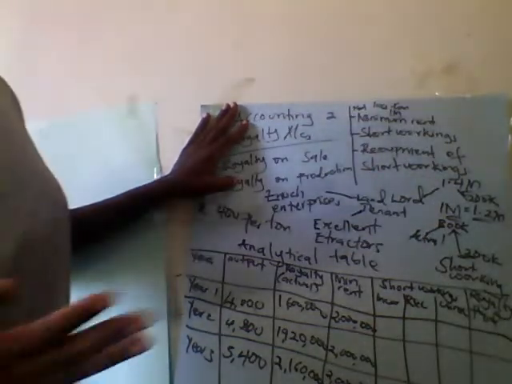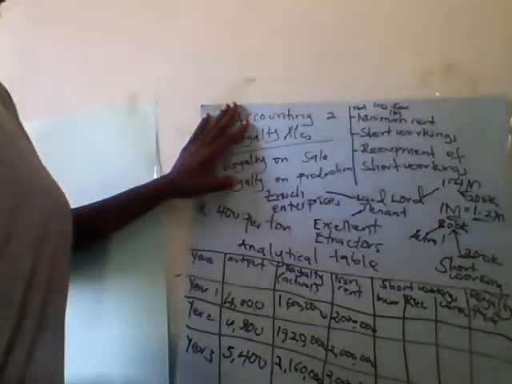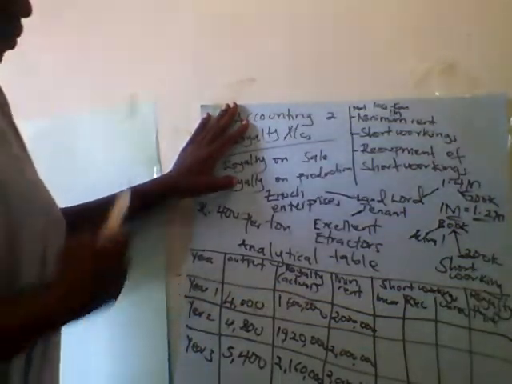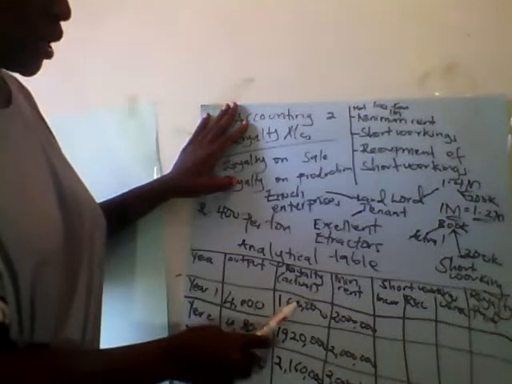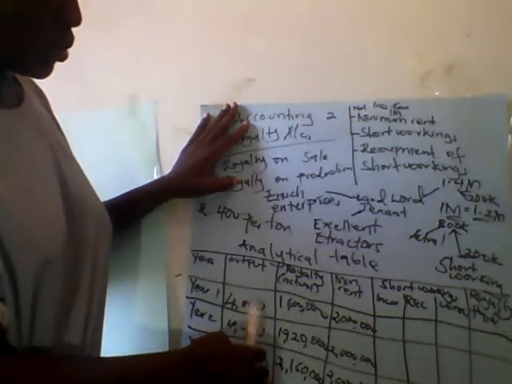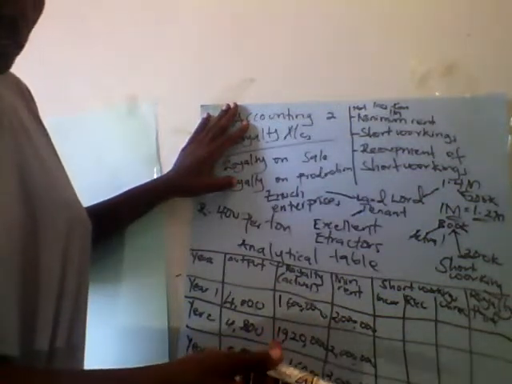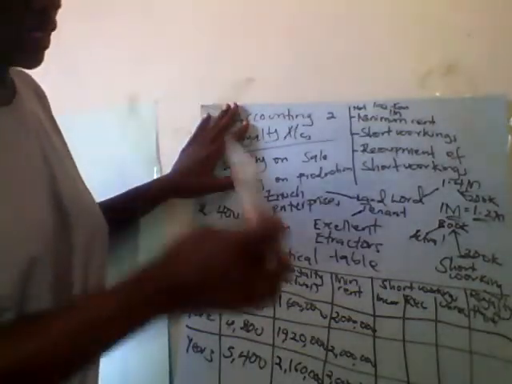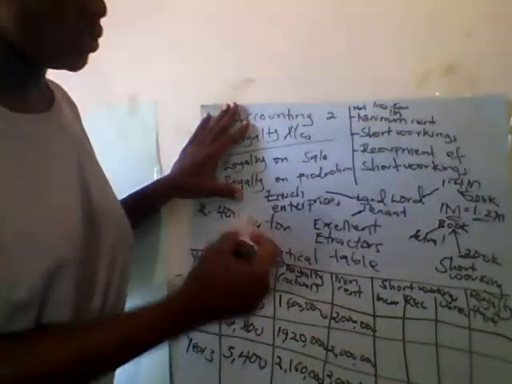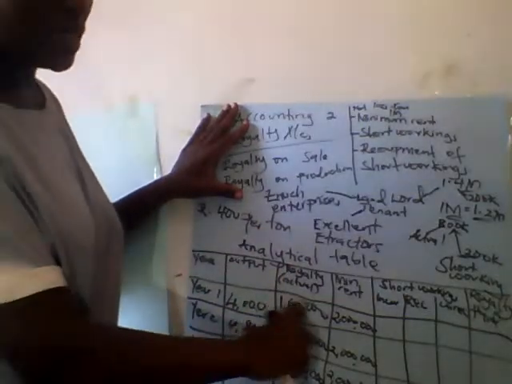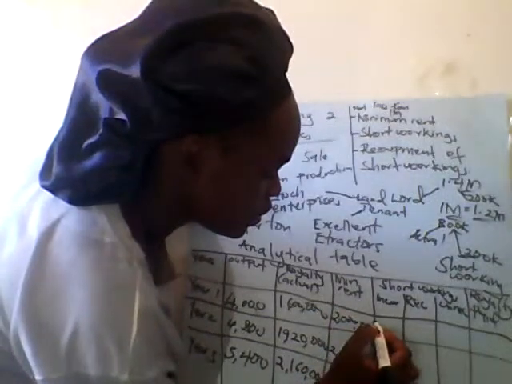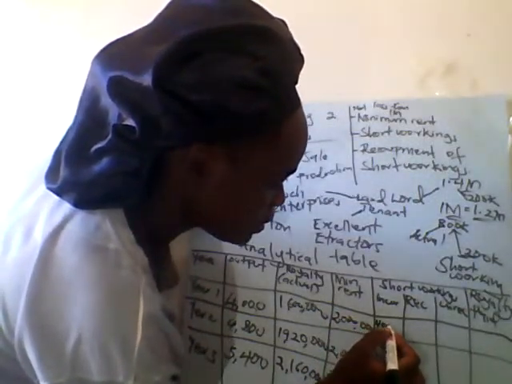You cannot give the landlord any amount that is less than 2 million, but the actual royalty that was gotten from extraction was 1.6. So they will have to add 400K in order to make at least the minimum rent. So the short workings incurred in this year will be 400,000.